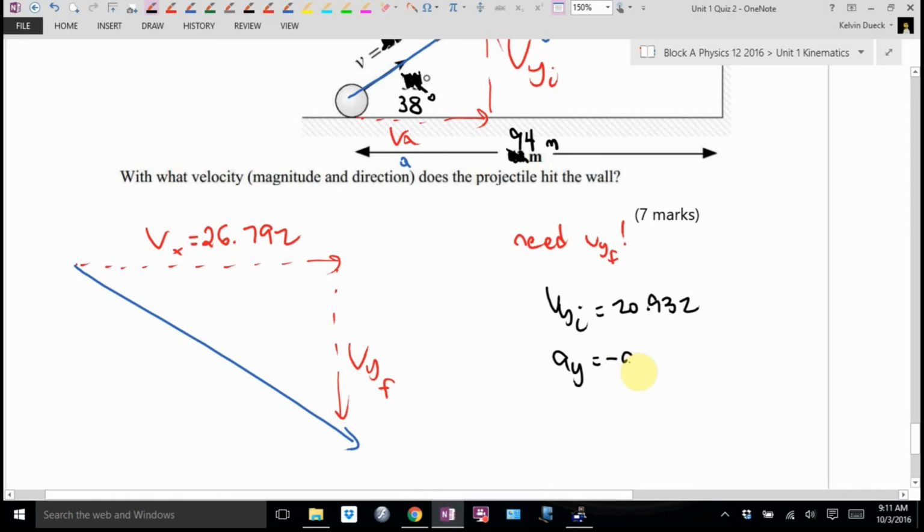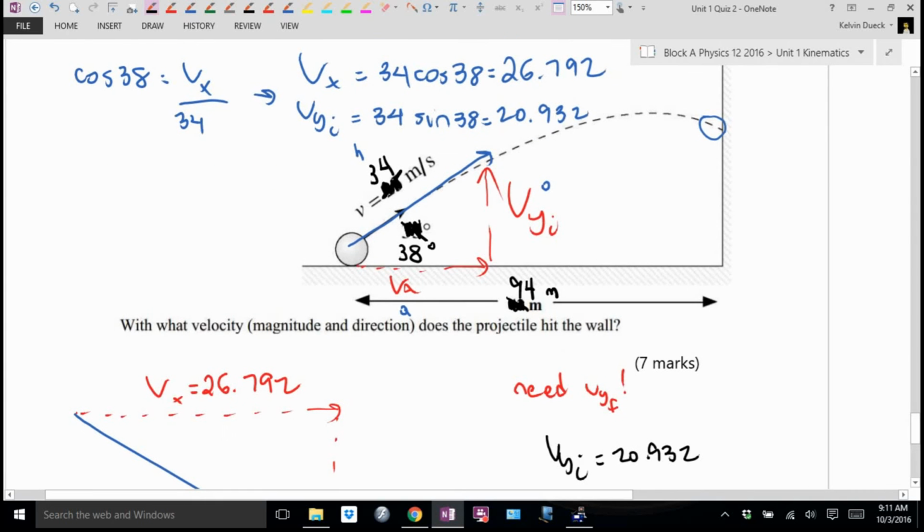I know that. That's what I need. And then I can find Vy final. How can I find time? I'm going to do that kind of up here since there's room. What haven't I used yet? The 94, the range, the horizontal range.